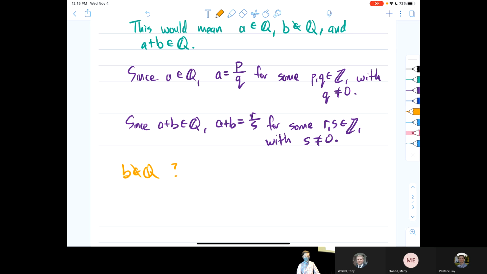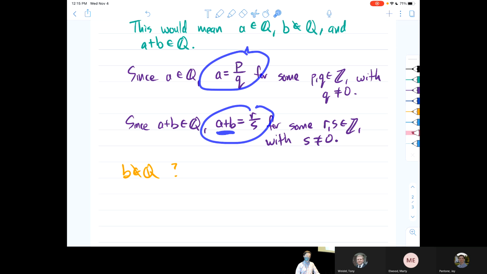Yeah, so here's what Hannah's noticing. We've got A plus B and A as rational numbers. What do I get if I do A plus B minus A? I get B, right? Subtract off the A. Well, that's a rational minus a rational. We know from middle school or earlier that if you subtract two fractions, you get another fraction, right? So this is where we're leading with the problem.